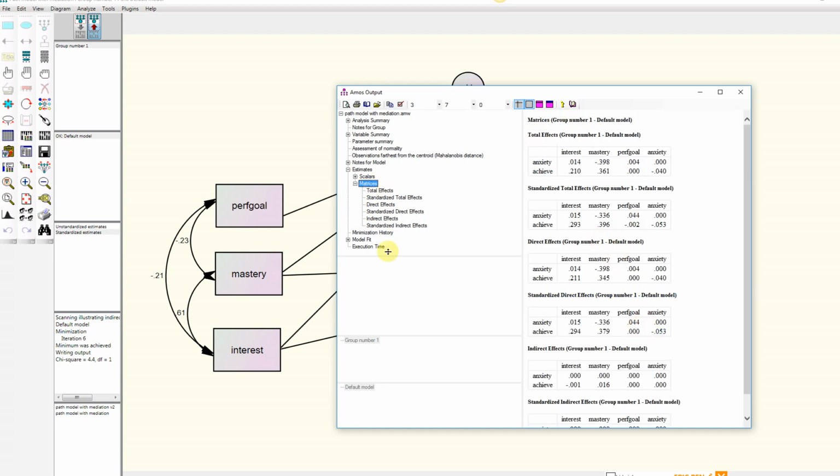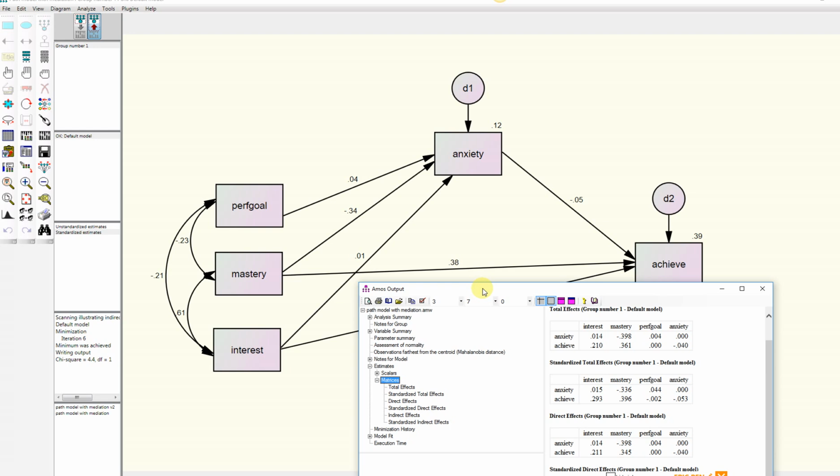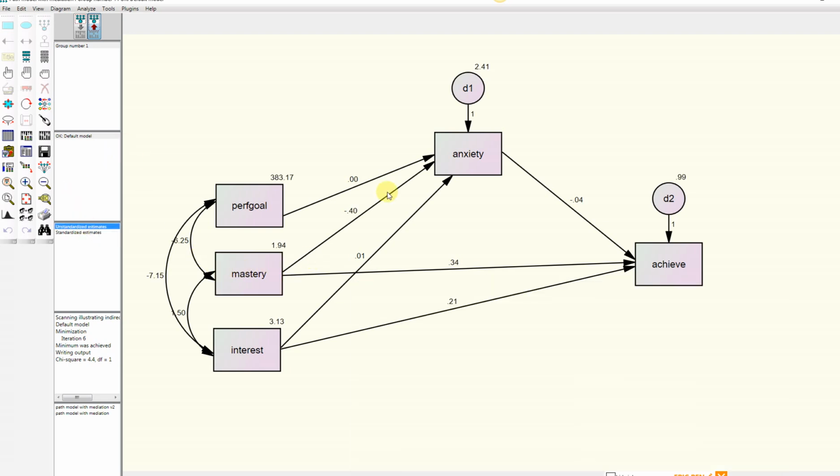So for our analysis, let's say I want to look at the indirect effect of, let's say, mastery on achieve. So in this case, we have the path. I'm going to go to my unstandardized just for the time being.